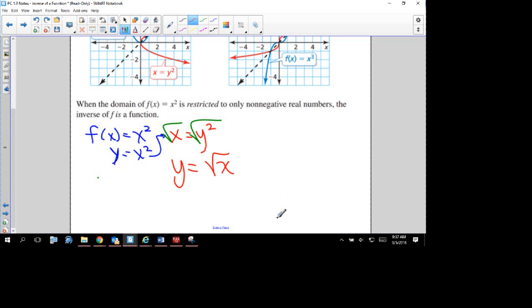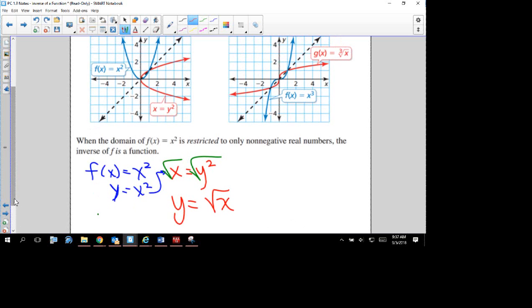Y equals square root of x is something that we've been studying and is on your quiz tomorrow. What does a square root of x graph look like? Is that this? Half of it is, yeah, like the top half. This is square root of x.